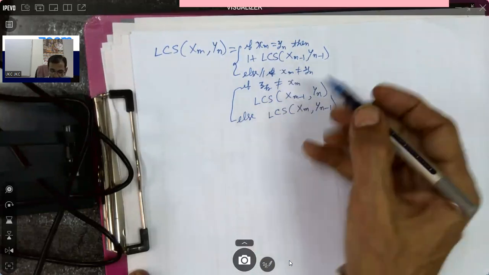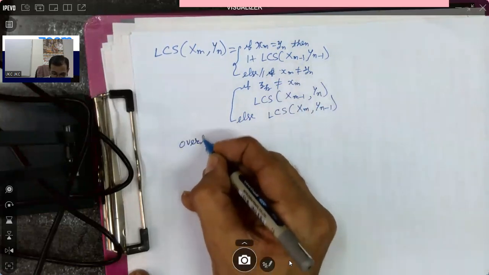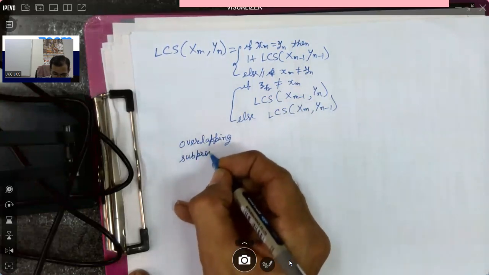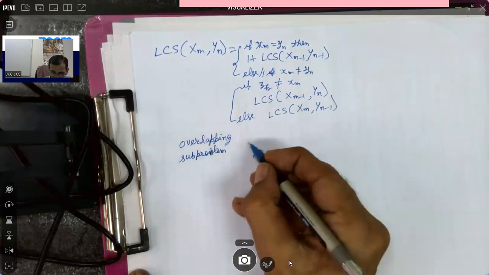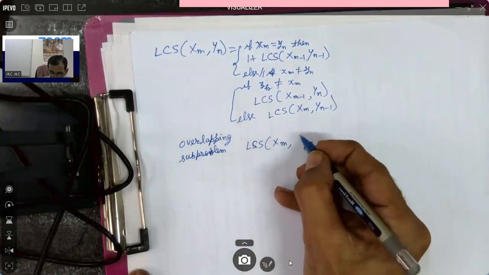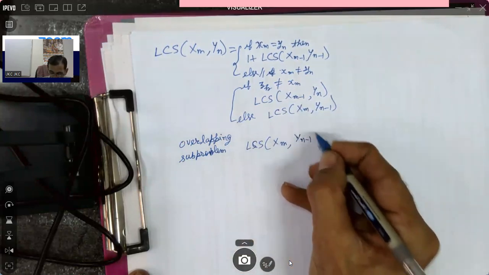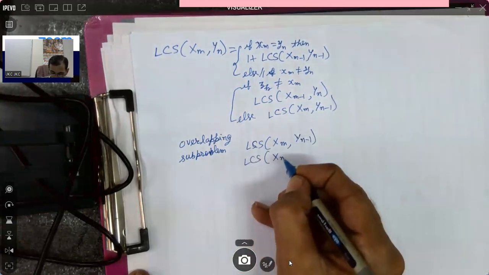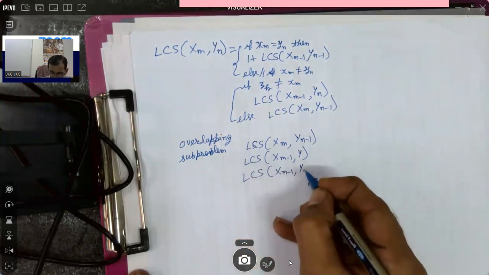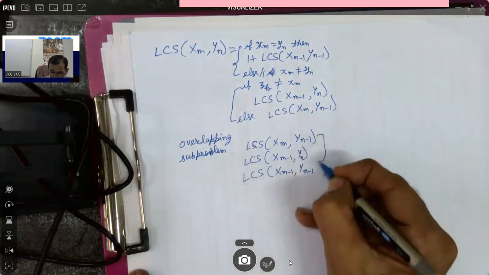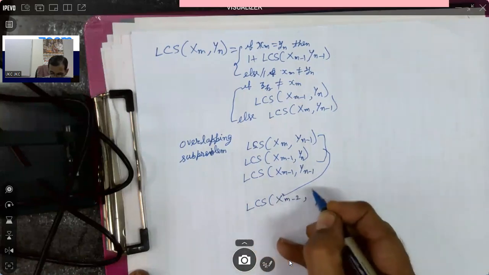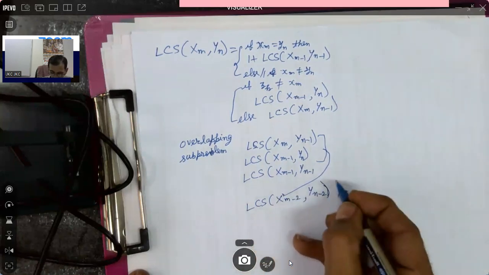But now you can see overlapping sub-problems are visible. Why overlapping? You can easily see that LCS of xm and yn minus 1, as well as LCS of xm minus 1 and yn, as well as LCS of xm minus 1 and yn minus 1, will all use, say, LCS of xm minus 2 and yn minus 2, and many more like this.